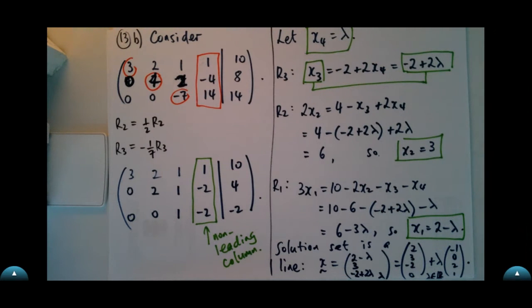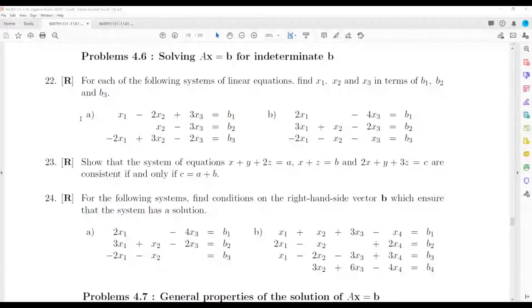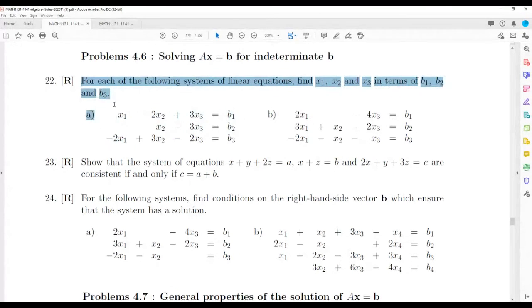All right, so let me scroll down a bit and we can have a look at, oh yeah. So let me go back here, back to my PDF. All right, now these kind of problems are classic Math 113 problems. For each of the following linear systems, find x1, x2, x3 in terms of b1, b2, b3. Now, the thing is, you don't know what b1, b2, and b3 are, okay?